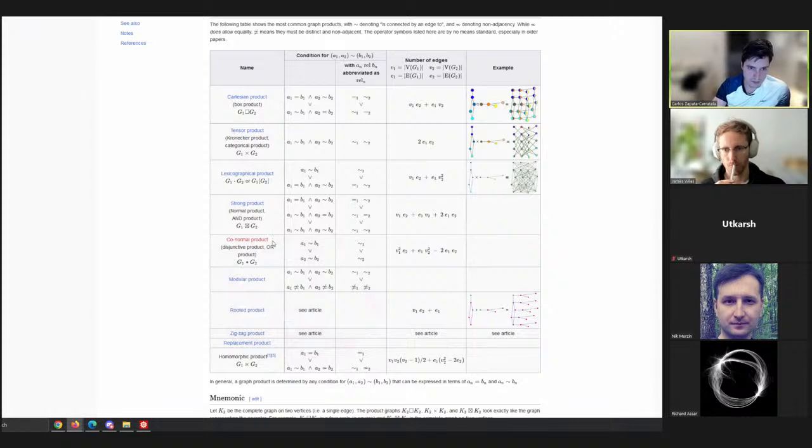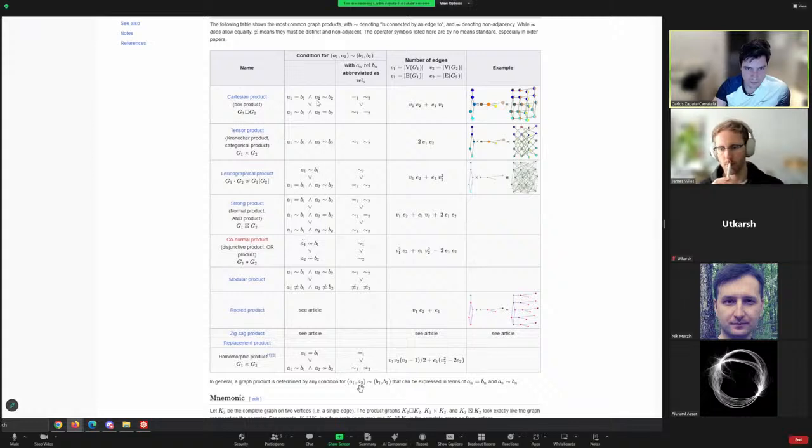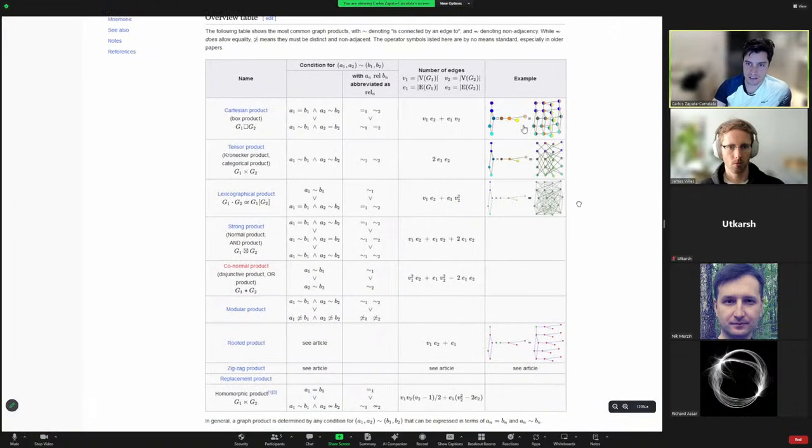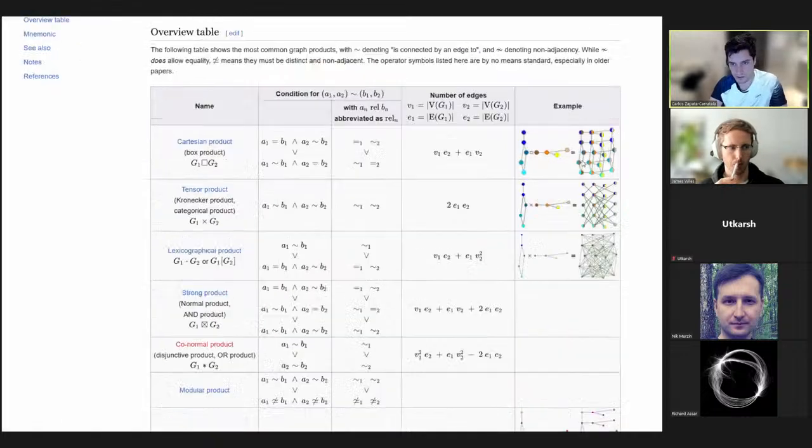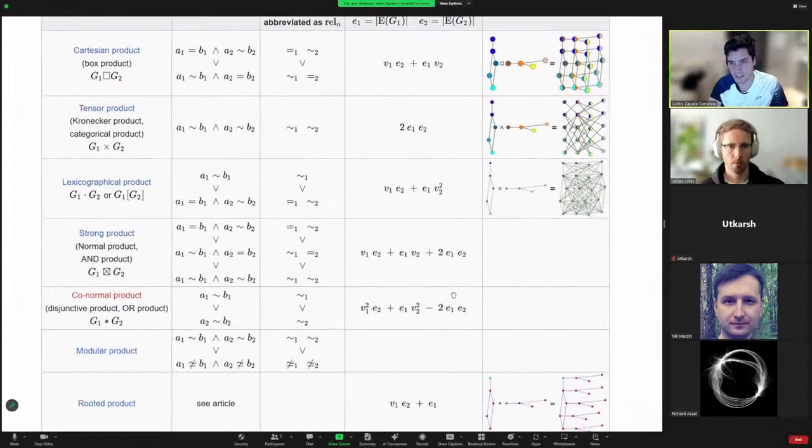Strong product. Yeah, as you can see, many of these take the product over vertices, right? Like you see here on the left-hand side, the graphs, and let's make it bigger. It's quite clear.